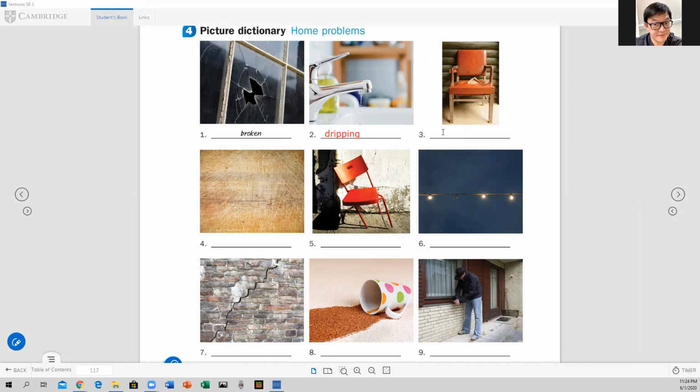Picture number 3. What's the home problem? Torn. Picture number 4. What's the problem? Picture number 4 is scratched.